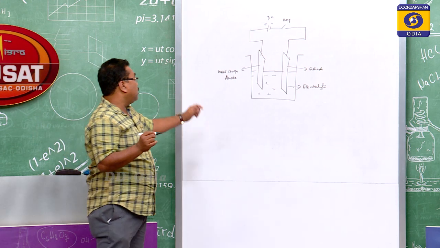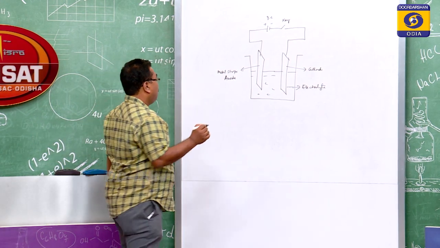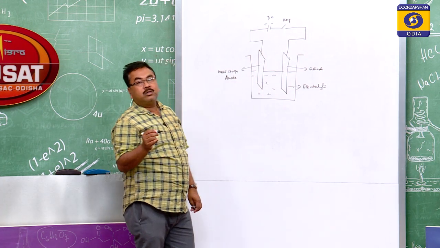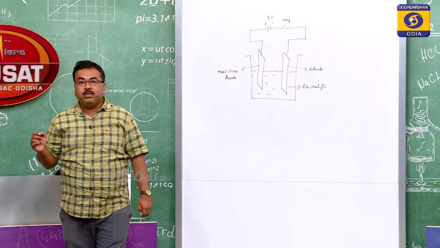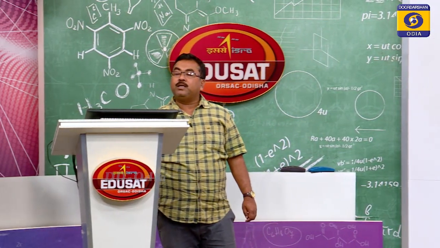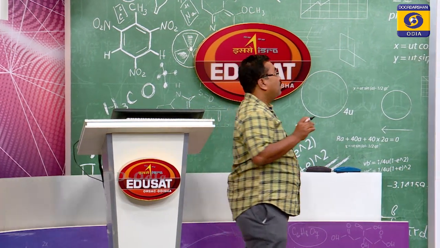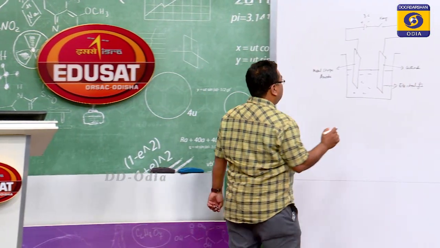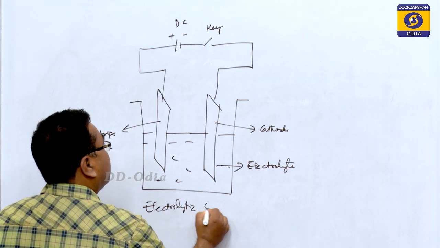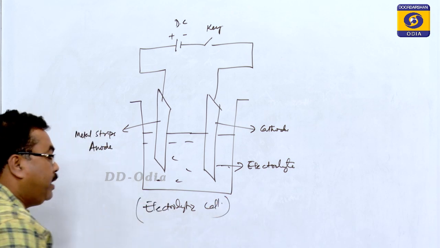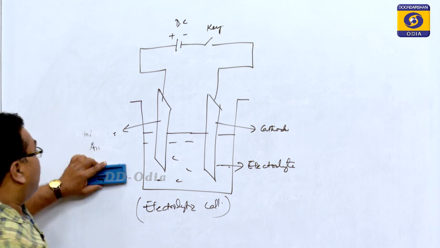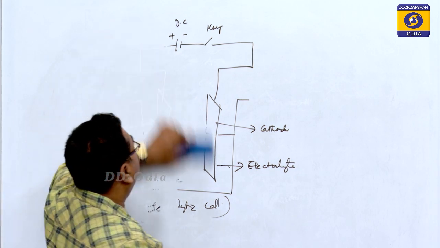That means oxidation takes place at the anode and reduction occurs at the cathode. This is a general electrolytic process, with the device called an electrolytic cell.